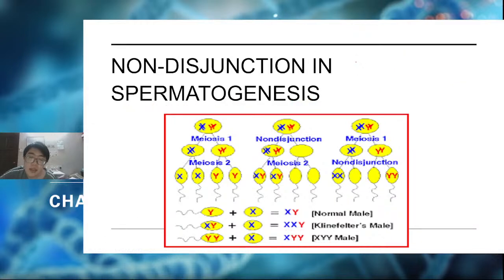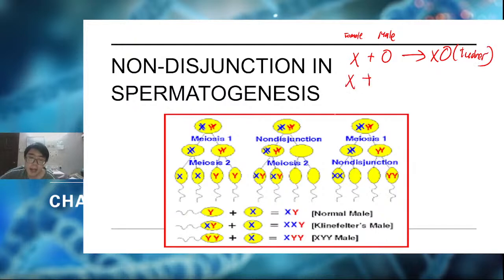Either it is X plus O. O is female, this one is in male. If non-disjunction occurs in male, X plus O, it will get XO. This is Turner syndrome.